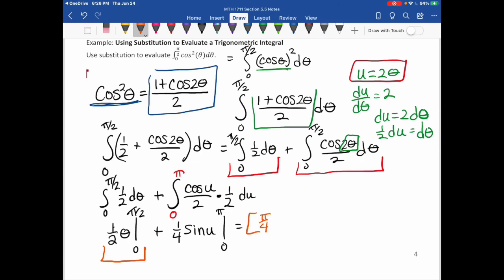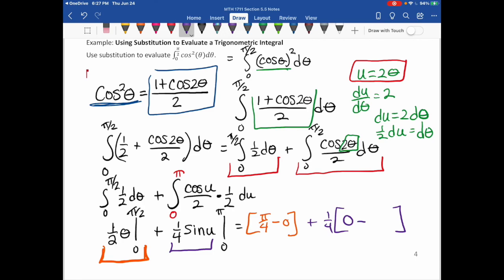When I plug in pi over 2 into theta, that's going to give me pi over 4. And I'm going to subtract what I get when I plug in 0 into theta, which is 0. So that's the first part here that I highlighted in orange. Now the next part, I'll highlight that in purple. I'm going to add that to 1/4 times, and then in here, I'm going to plug in pi.